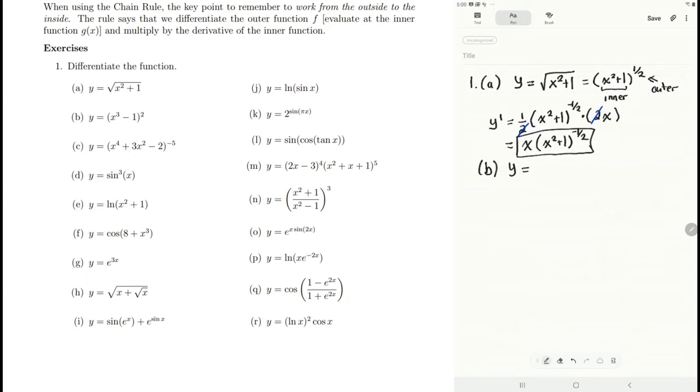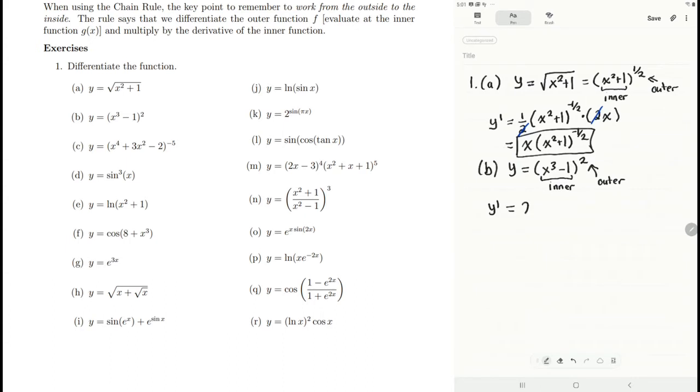In the next example, we have x cubed minus 1 squared. So again, another composition. So the inner function is x cubed minus 1. On the outside, we have the power of 2. So we apply the power rule first.